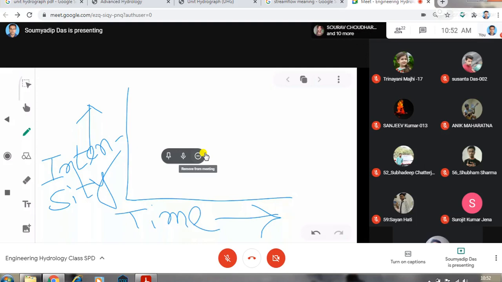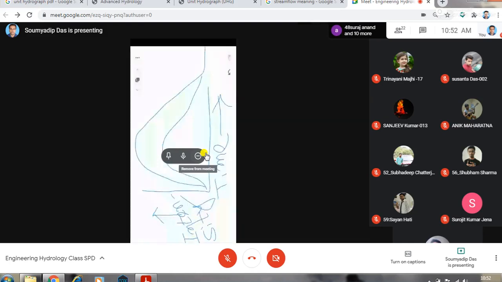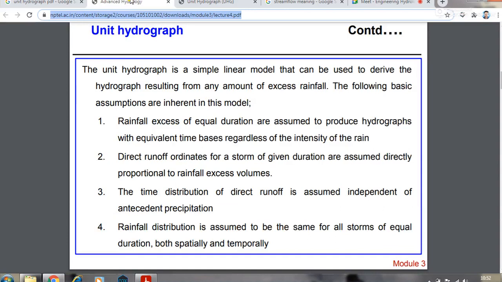Now there are two hydrographs. Okay, this one, another one is this one. Okay, so it is clearly visible that both of them are having the different values of the intensity. Okay, now according to the definition, this excess rainfall of equal duration, okay, I am considering the duration as this one.